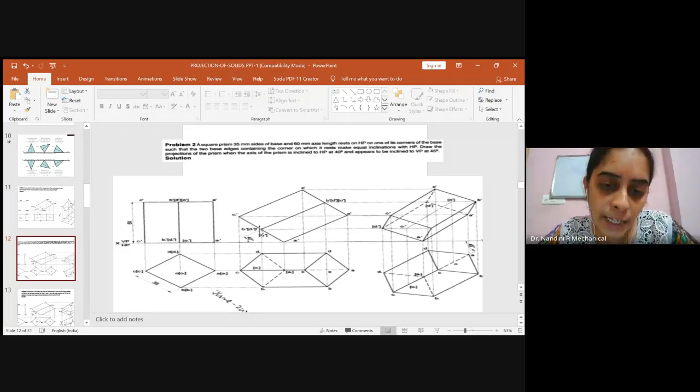After extending, measure from the center to this corner using the compass. Come back here, fix this point and cut an arc. So you'll get to know the other corner of the base. Immediately darken this distance.